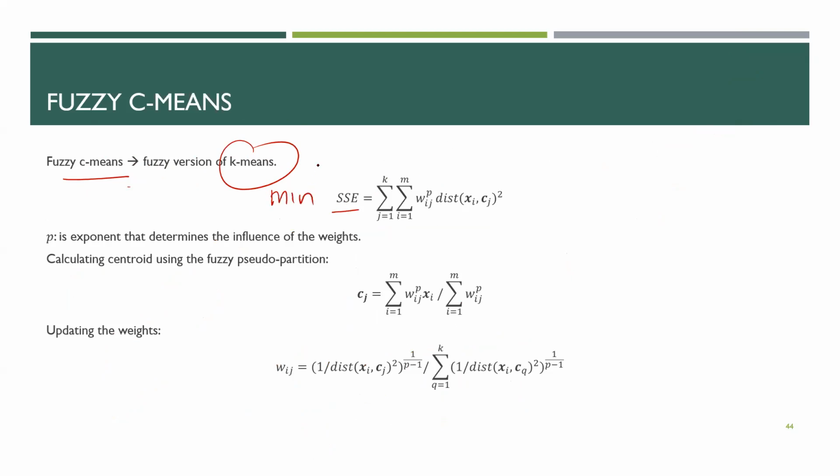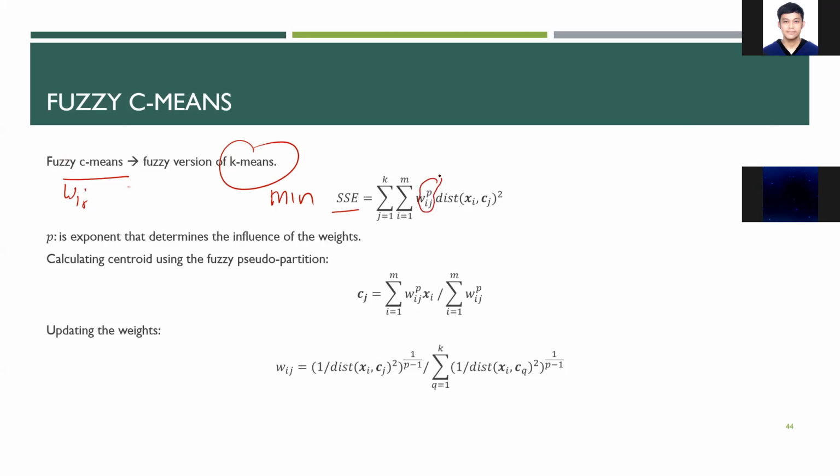But because it is fuzzy, we have weights of the membership value, wij. In K-means we don't have w, but because of fuzzy, we have membership degrees, so we have w here.